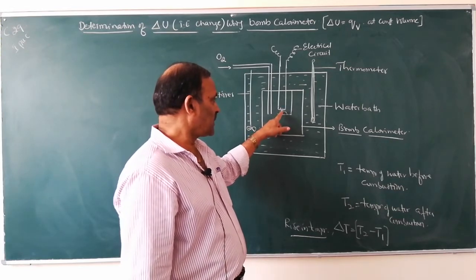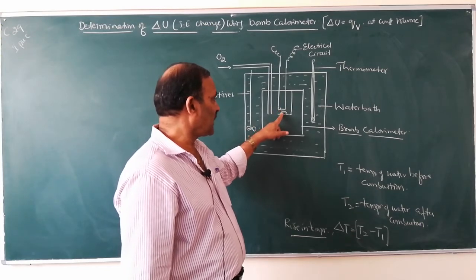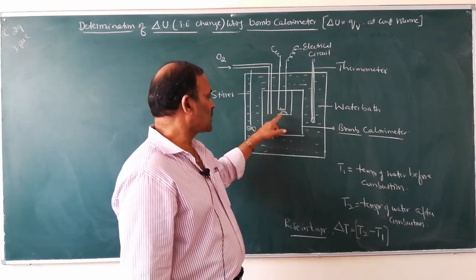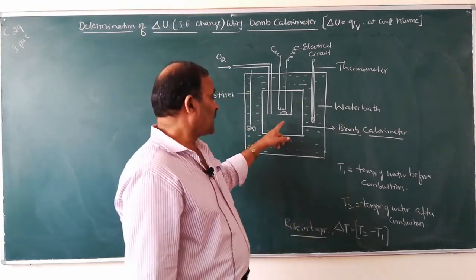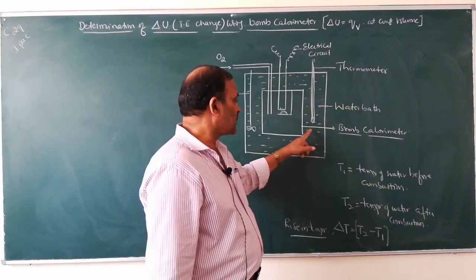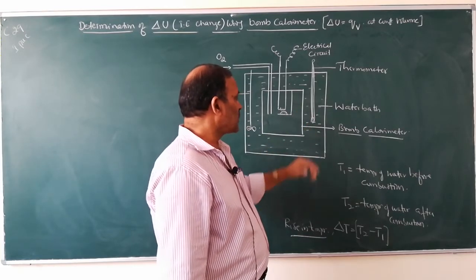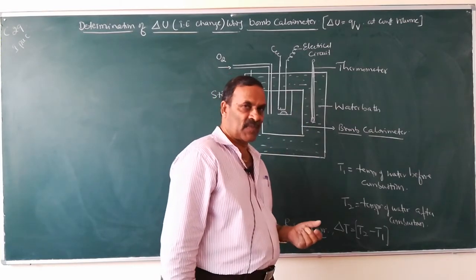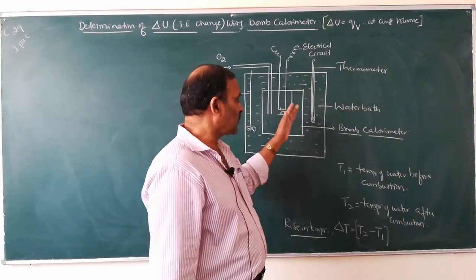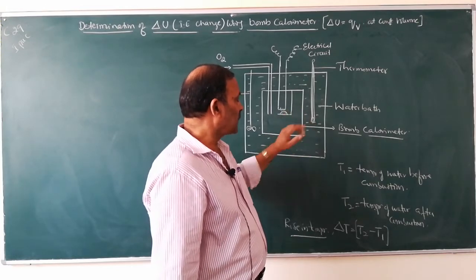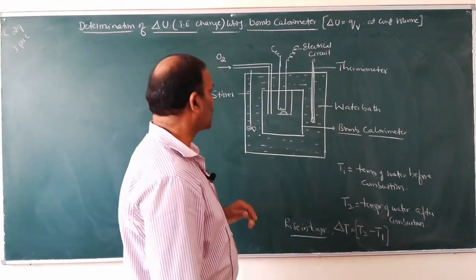When the temperature is increased, this compound undergoes combustion completely using this oxygen and the amount of heat is liberated. That heat liberated will be transferred to the water bath which surrounds it. Thereby the temperature of water increases. Note down the temperature of water bath before combustion and after combustion, you will get a rise in temperature.